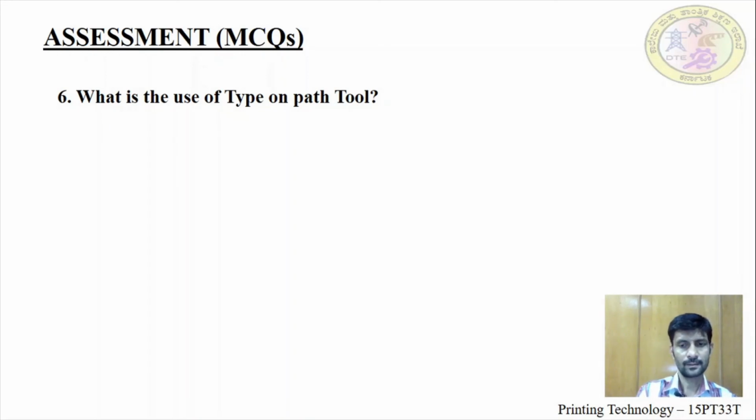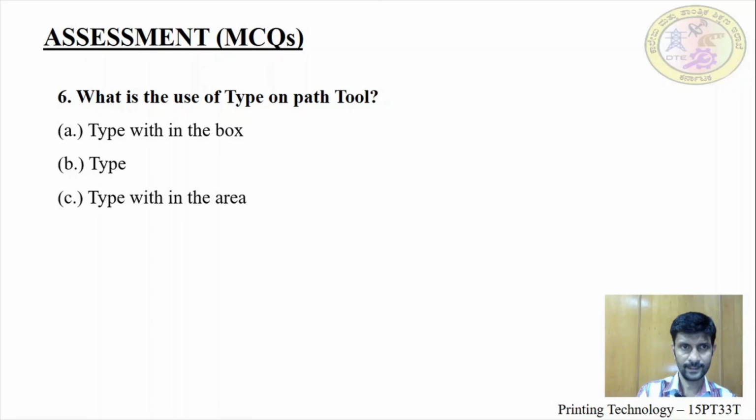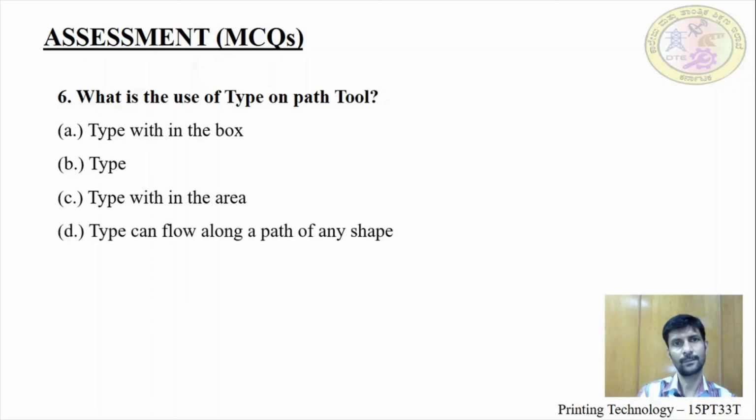The options are type within the box, type within an area, type can flow along the path, any shapes. See, the clue for this question: we can type the text on whatever shapes we have created.